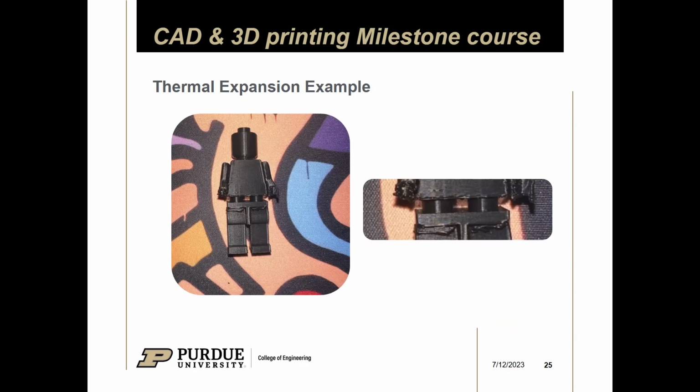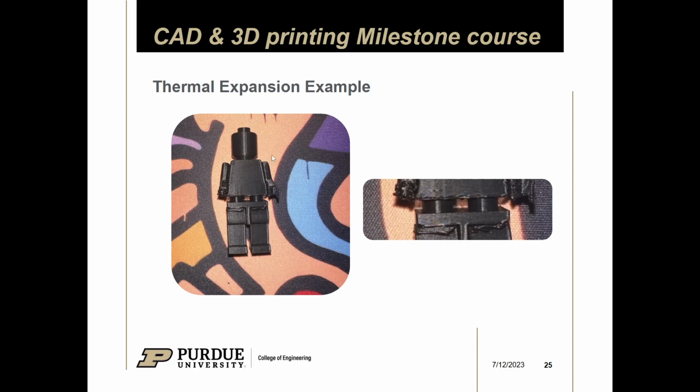Okay, so this is a good example of poor tolerancing. This is actually a final from, I believe, 2 years ago. Someone designed this Lego-shaped person, but they didn't account for tolerancing properly. Maybe the head fit on, but when we tried to put the torso onto the legs, you can see we couldn't get it farther than this without risking breaking the model.